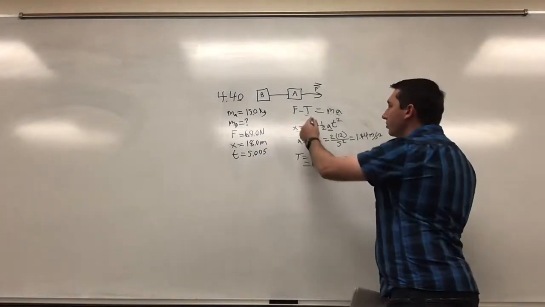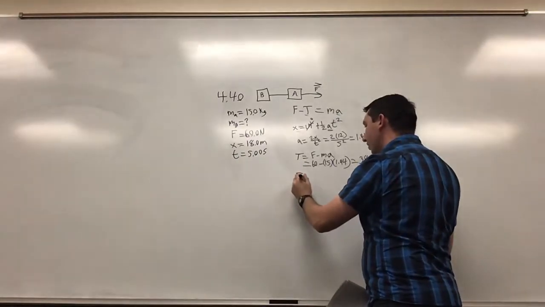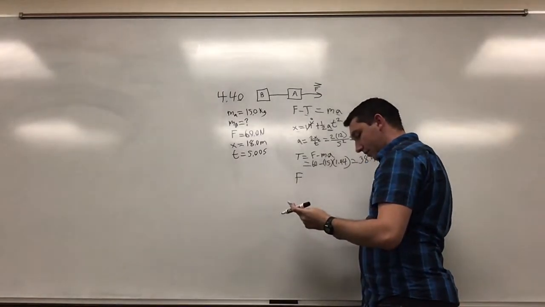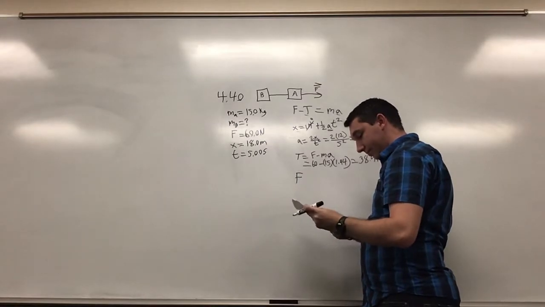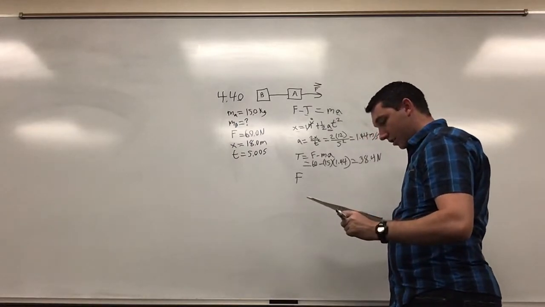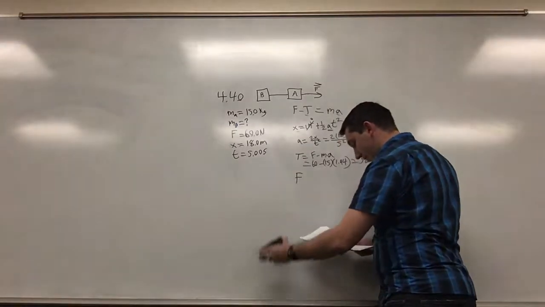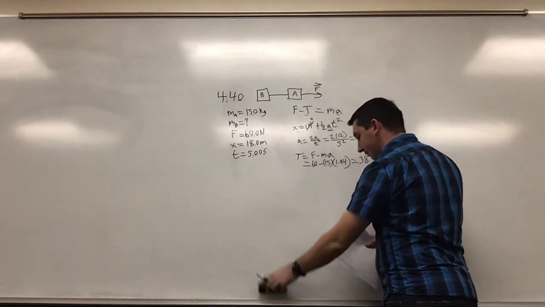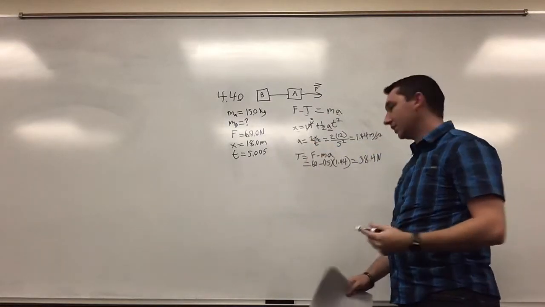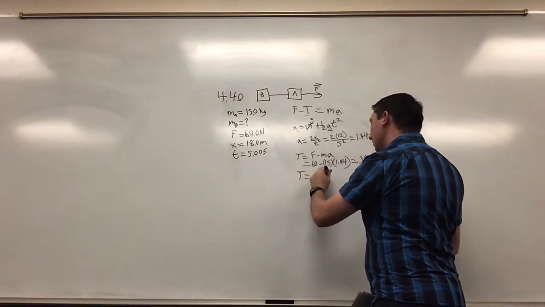So now, because we know the tension, we can then reuse this equation for the force, but in this case, because the tension is pulling on B, it's going to have the same acceleration as A. We know that the tension is going to be equal to the mass times the acceleration.